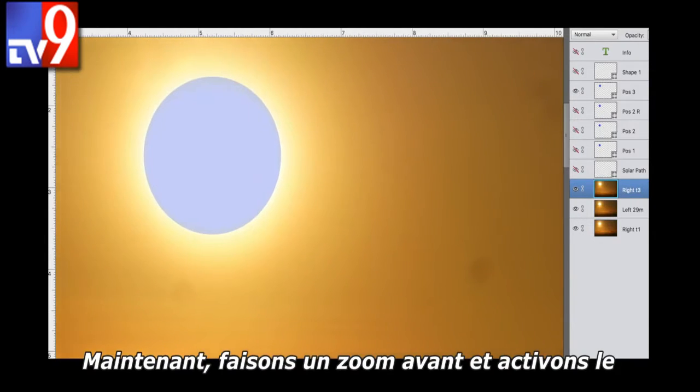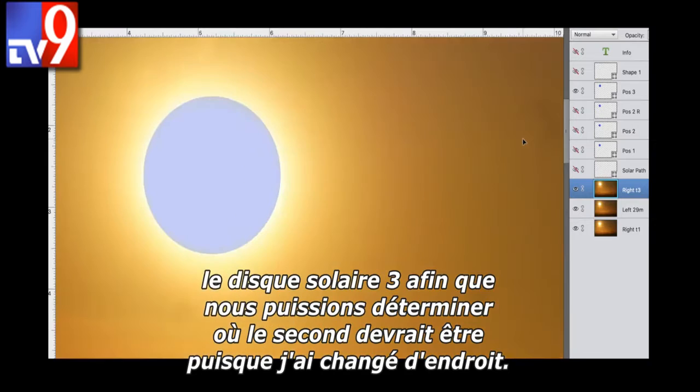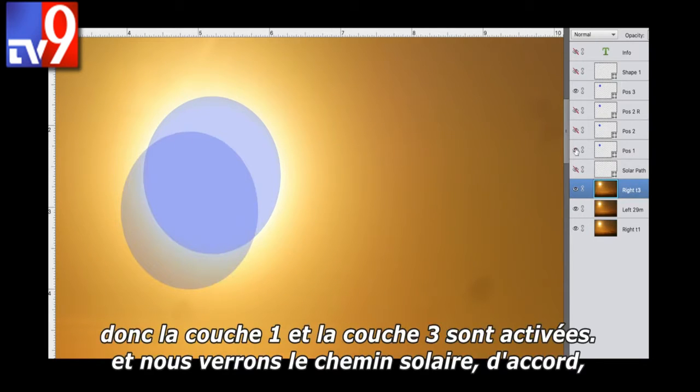Now let's zoom in and enable the 1 and 3 solar disks so we can find out where the second one should have been, since I changed location. So there's 1 and 3 enabled, and we'll look at the solar path.